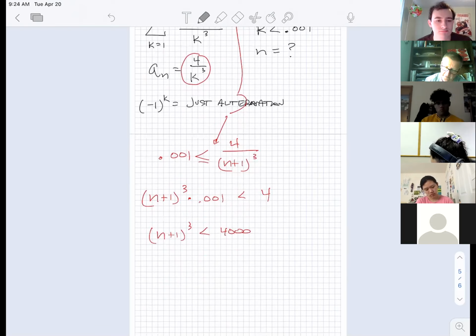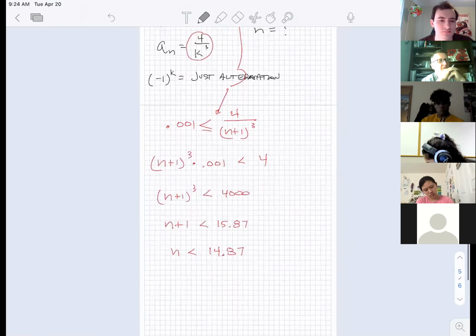Boom, 15.87. So n plus 1 is less than 15.87. And then if I subtract 1 from both sides, I get 14.87. So what's your conclusion? How many terms do I have to add?